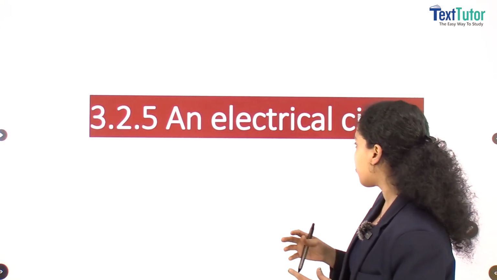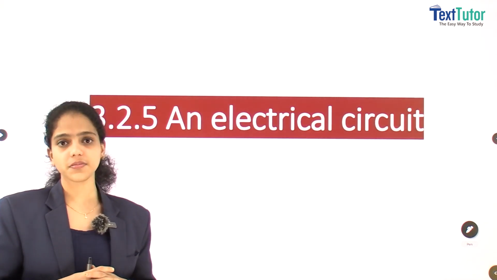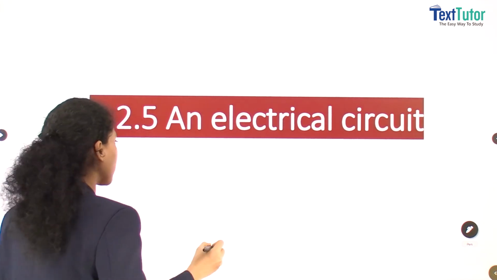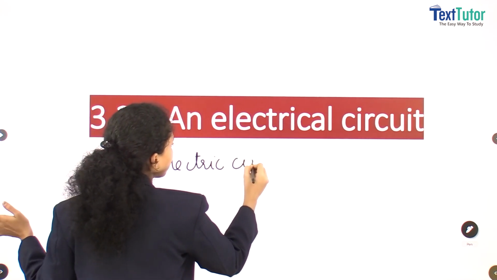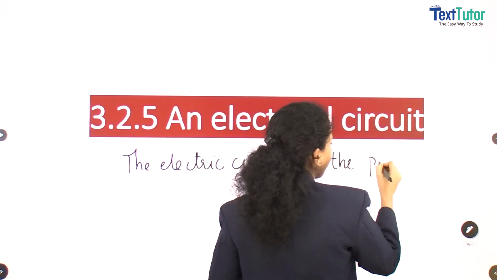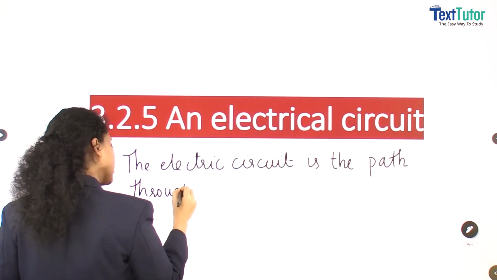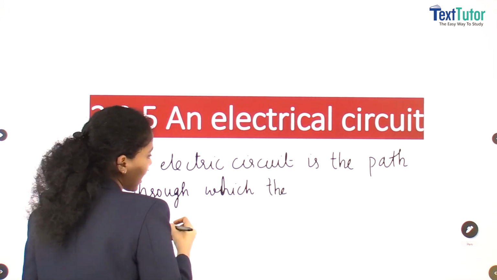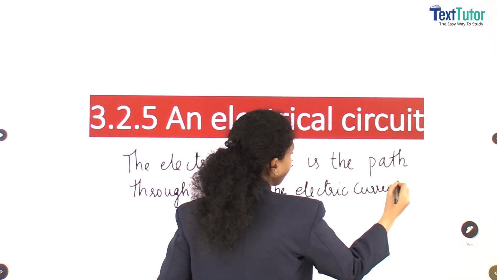So let's move on. Before that, what is an electric circuit? Simply, an electric circuit is the path through which electric current flows.